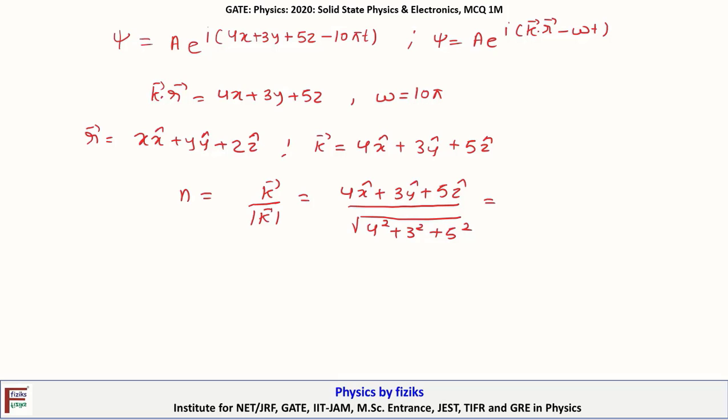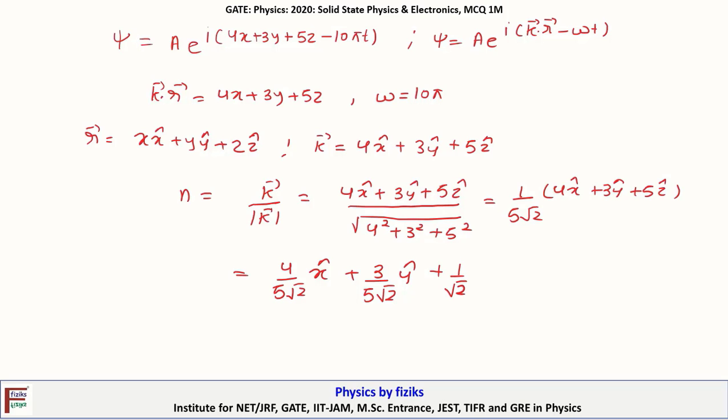That means 1 by 5 root 2 into 4x cap plus 3y cap plus 5z cap, which can be represented as 4 by 5 root 2 x cap plus 3 by 5 root 2 y cap plus 1 by root 2 z cap, that is n cap.